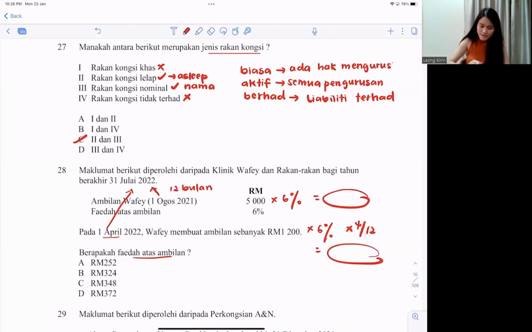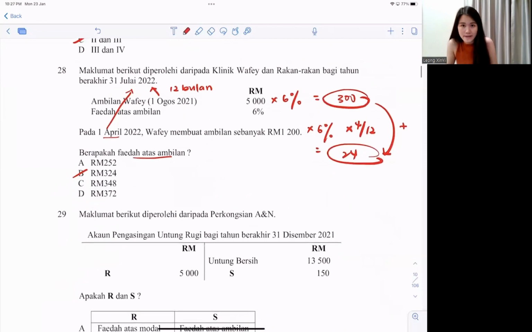Yeah, so 5,000 times 6%, 300. 1,200 times 6% times 4 over 12, 24. So 324 together. Let's move on.